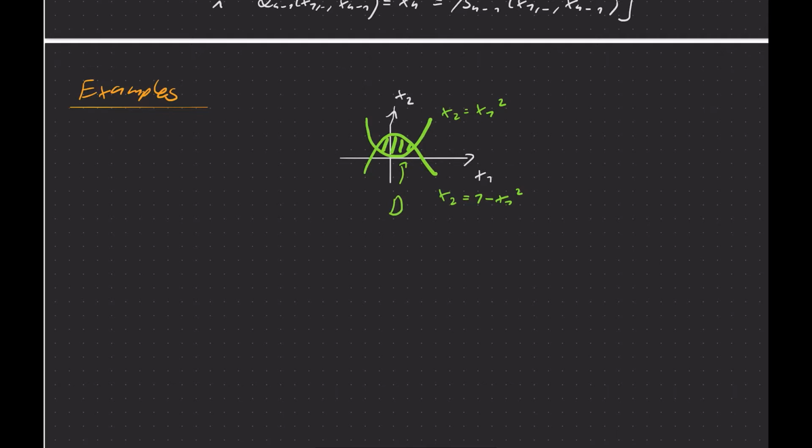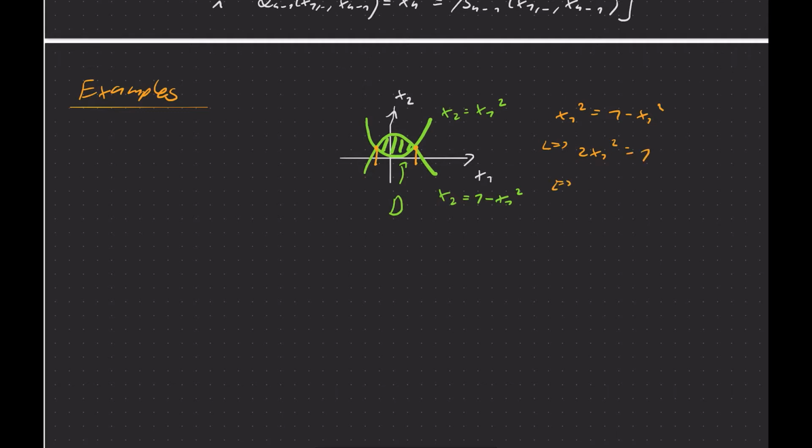How do we do that? First thing we need to know is, of course, those points here. Where do these actually lie, or rather, what is the x1 coordinate of these points? Well, it's the intersection of the two parabolas. So that is exactly where x1 squared is equal to 1 minus x1 squared. Or in other words, where 2x1 squared is equal to 1.